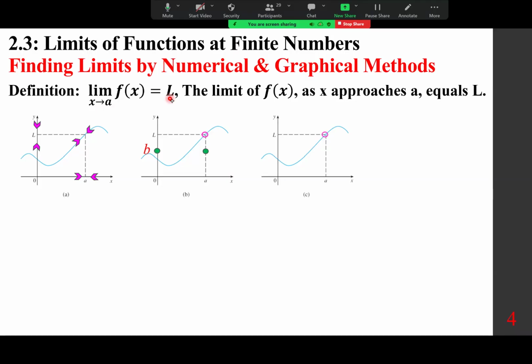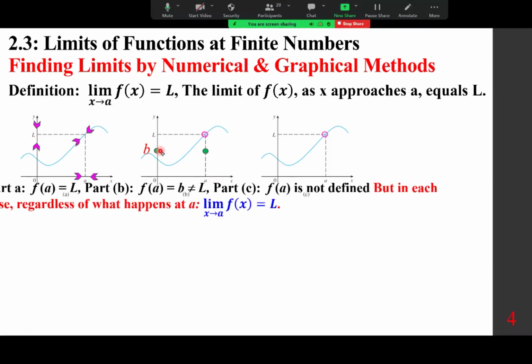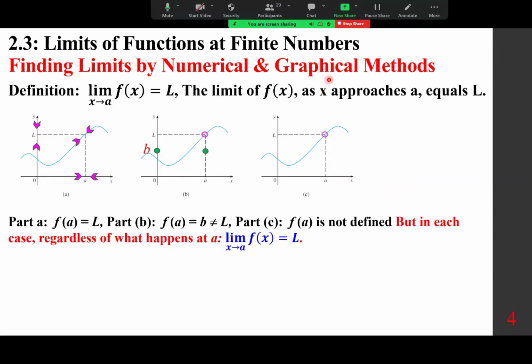What's the difference? In this case, f of a is also L. There is no discontinuity. So the limit and the functional value are the same. So the function is continuous. In this case, there's a hole here, there's a solid point here. f of a is the y coordinate of the solid point B. And in this case, there is no solid point. f of a is not defined.